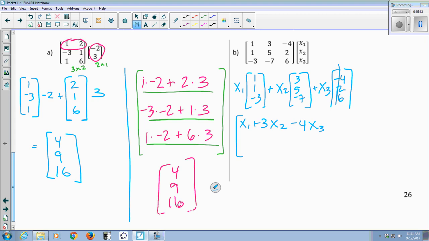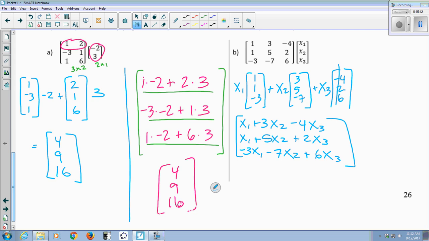And then multiplying your scalars times each of your second entries would give you x1 plus 5x2 plus 2x3. And then multiply your scalars by all of your third entries, and you have negative 3x1 minus 7x2 plus 6x3.